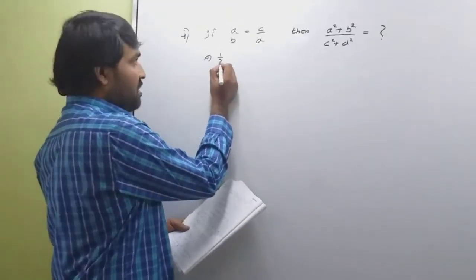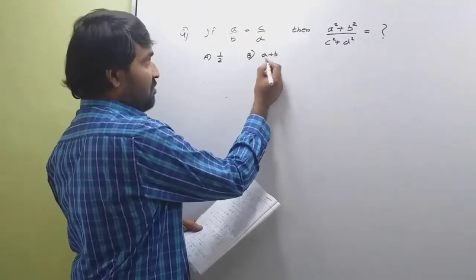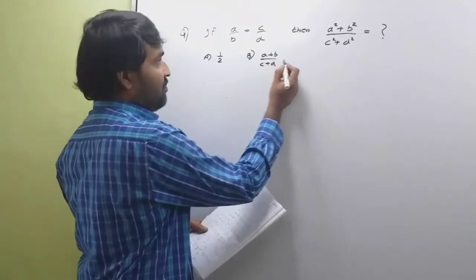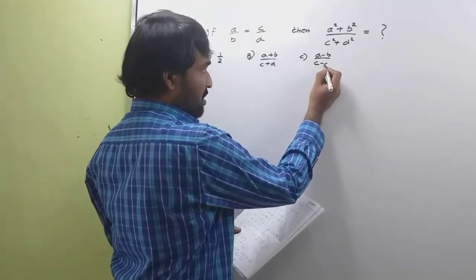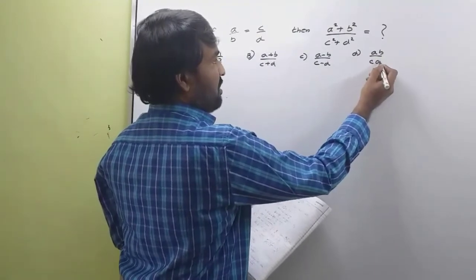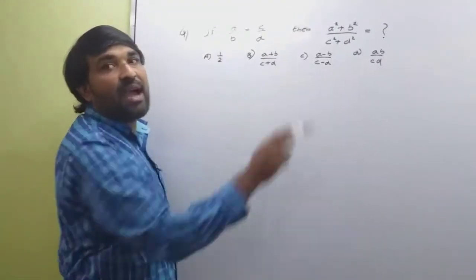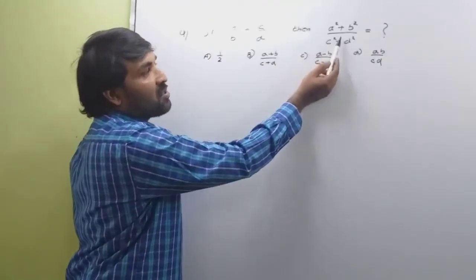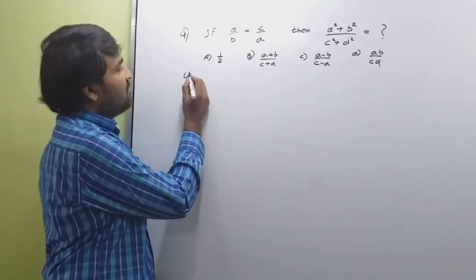A is 1 by 2, choice B is a plus b by c plus d. Choice C is a minus b by c minus d, and D is ab by cd. So this is our question. We have a ratio given, then we want to find the value of a square plus b square by c square plus d square, and options are also given.